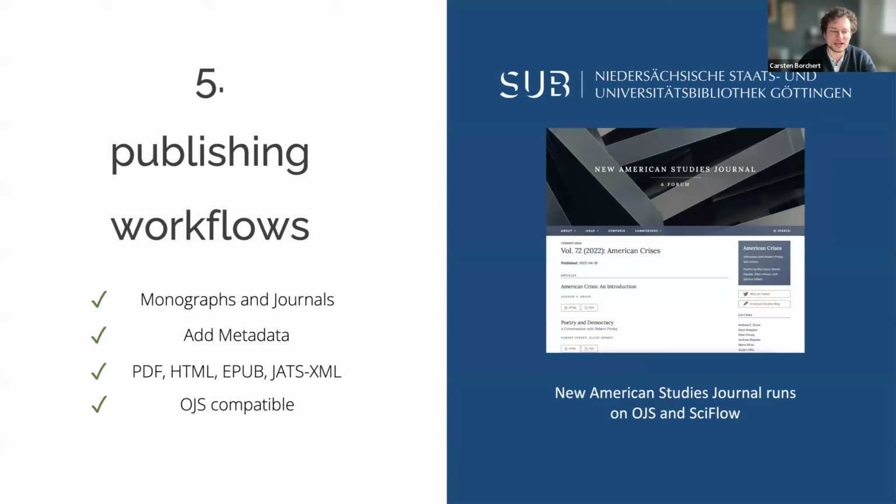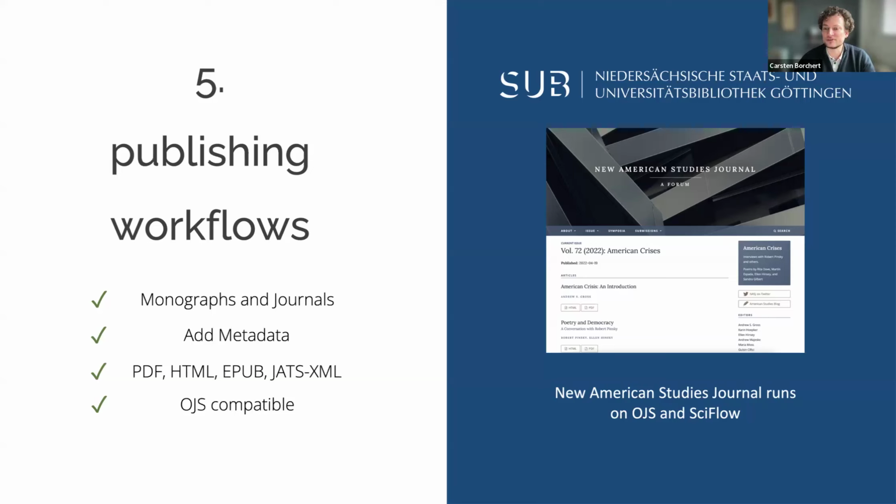The last point, and we're not talking too much about this today, are publishing workflows directly in SciFlow. So we are talking about actually writing in SciFlow, but there is a second part where SciFlow is used to produce publications.